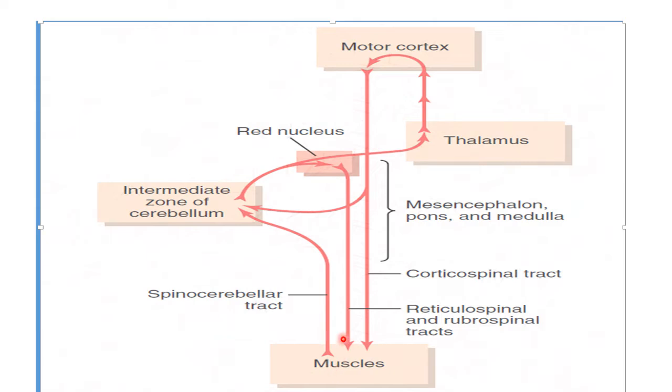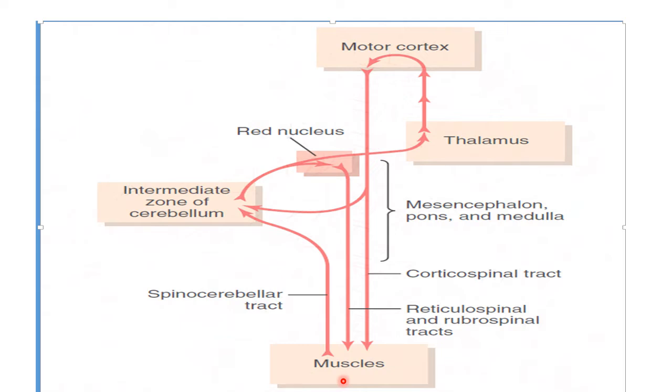And in turn, muscles send impulses to the cerebellum through the spinocerebellar tract, ventral and dorsal. So the muscle is always under the influence of the cerebellum, but this is at an unconscious level.